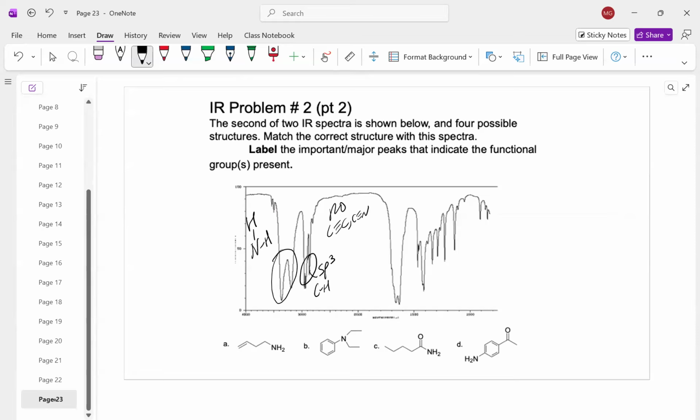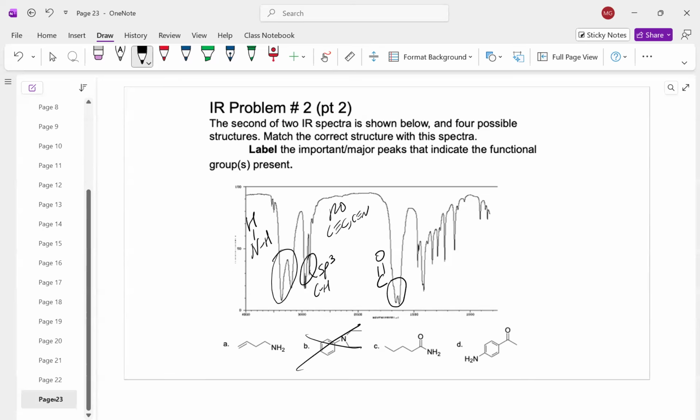So I'm going to go now to my double bond region. And right there, really close to 1,700, is going to be that carbon-oxygen double bond. So let's pick out some possibilities here that have all of those things. I'm going to eliminate B because that does not have a carbonyl in it, nor does the nitrogen in choice B have any hydrogens on it, so that wouldn't work.